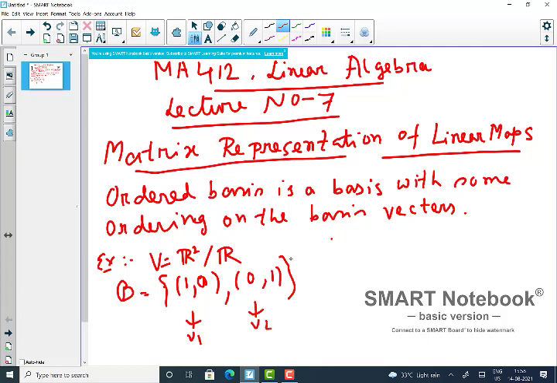But obviously you can change the ordering also. You can write down the first one 0 1 and then this. That will be a different ordering, right?